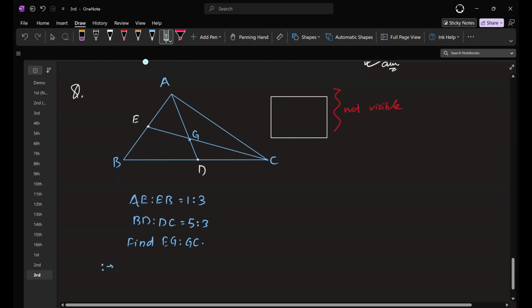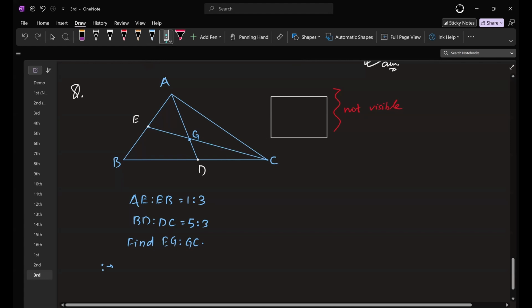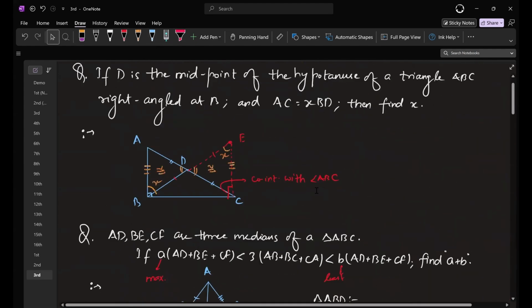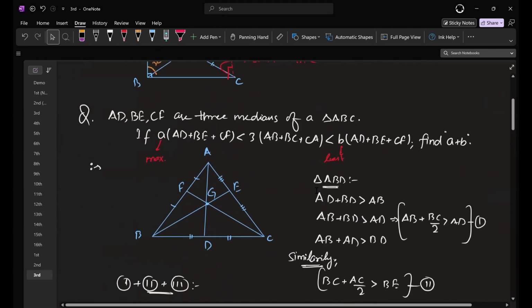Any ideas how to do this one? EG to GC. See, what I would like you to observe in every question is what we need to find out, and after that, how we are proceeding.